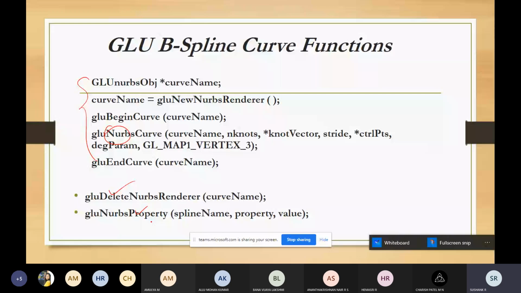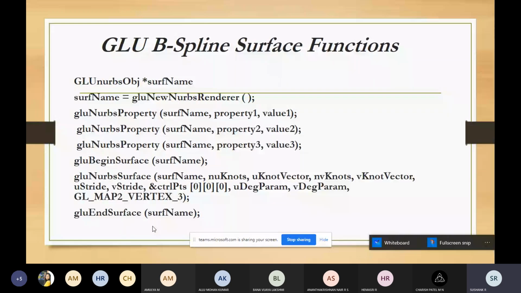The following set of code can be used to display the spline surface. And here also we have property functions, which can be used for specifying the options, whether it is wireframe, like that.